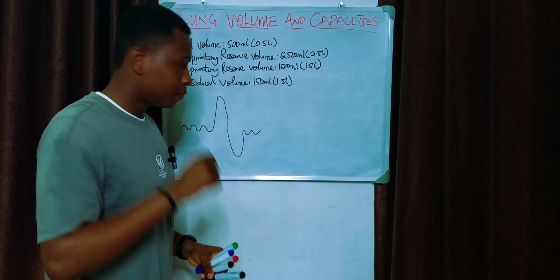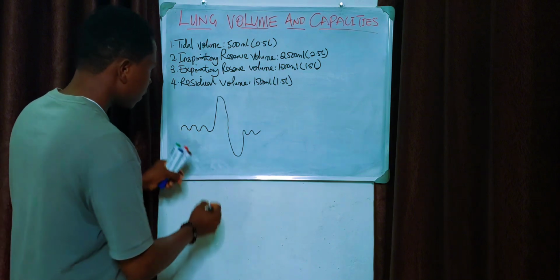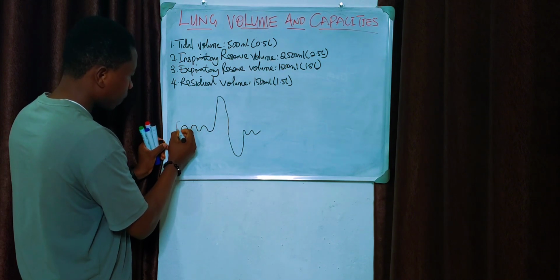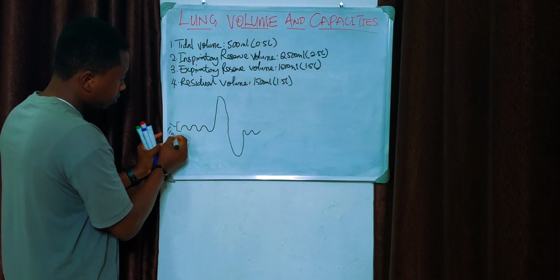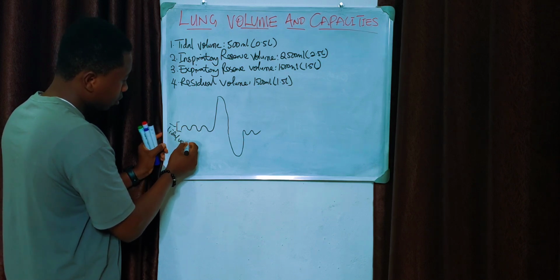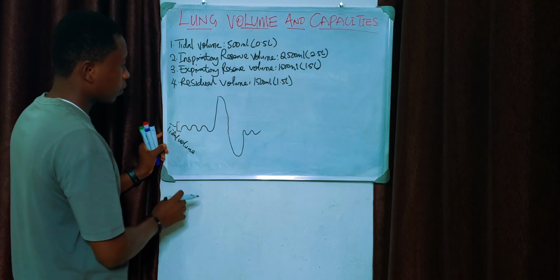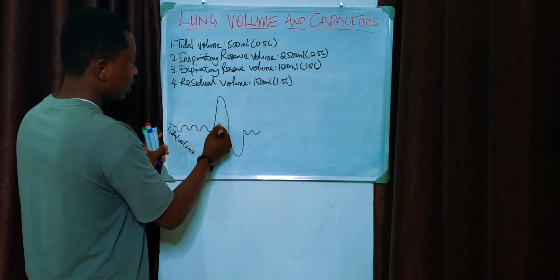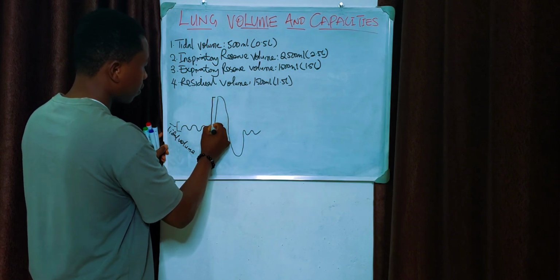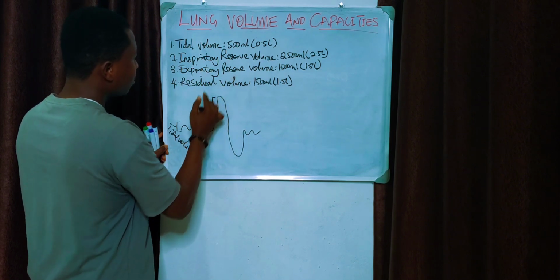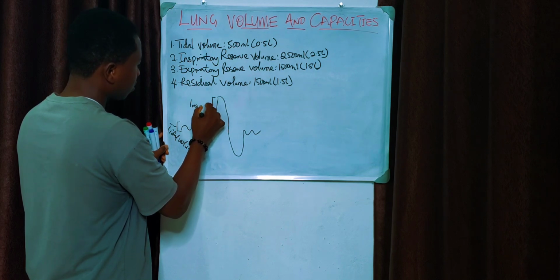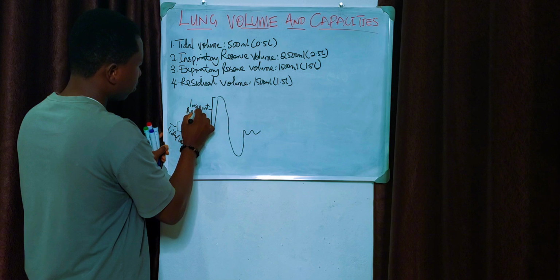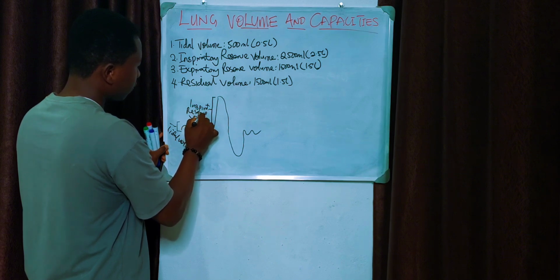Now, this is what happens here. You see this point is what we call the tidal volume. Now this spike here is what we call the inspiratory reserve volume.